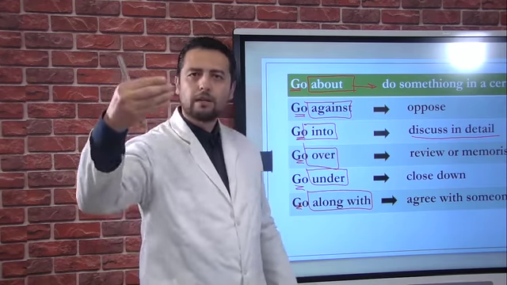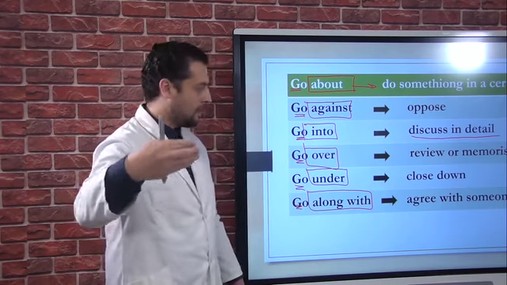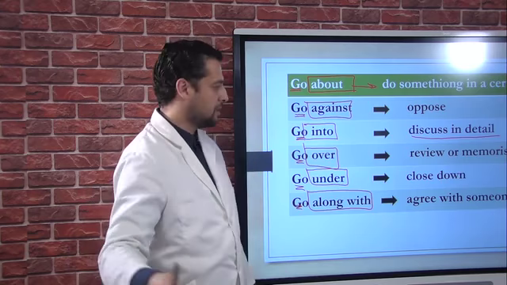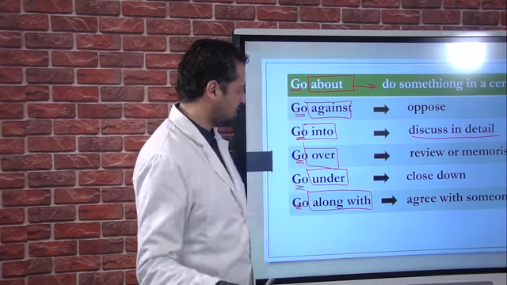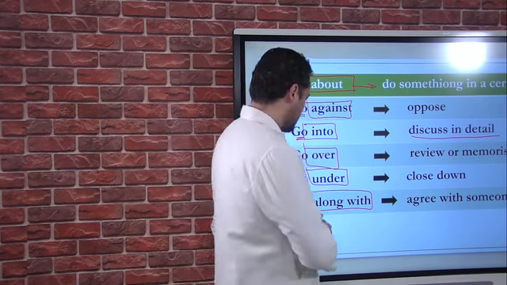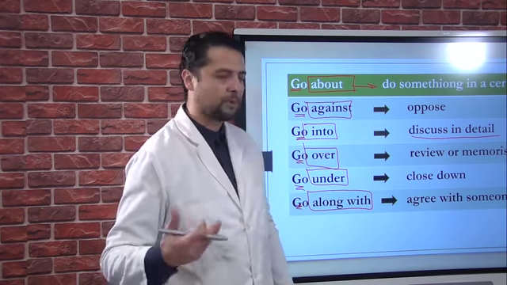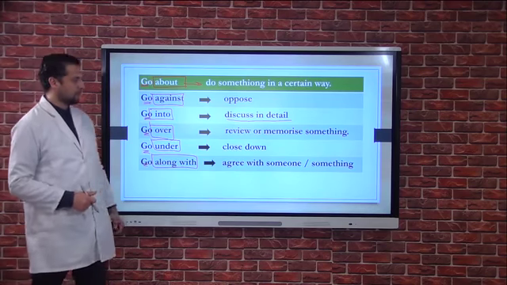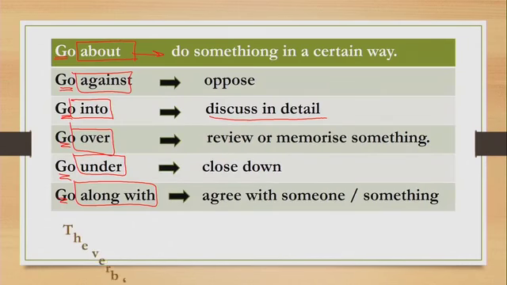You have to go over your lessons that you did before with your teachers before the school stopped, and of course you have to go over the lessons that we are giving you now, through this initiative, right? To go under means to close down, and to go along with means to agree with something or with someone, which means to have the same opinion, the shared points, right? All right then.